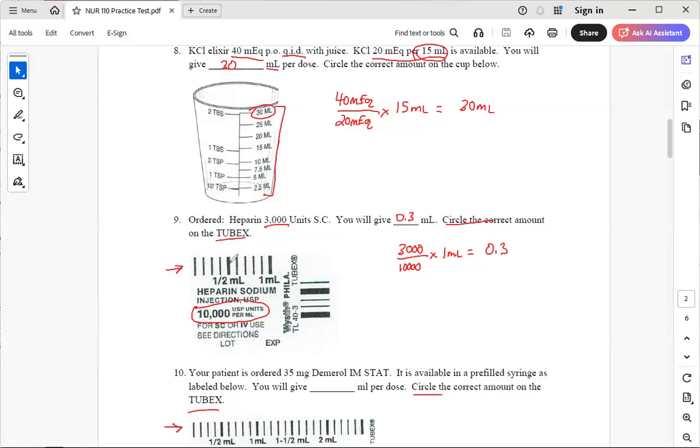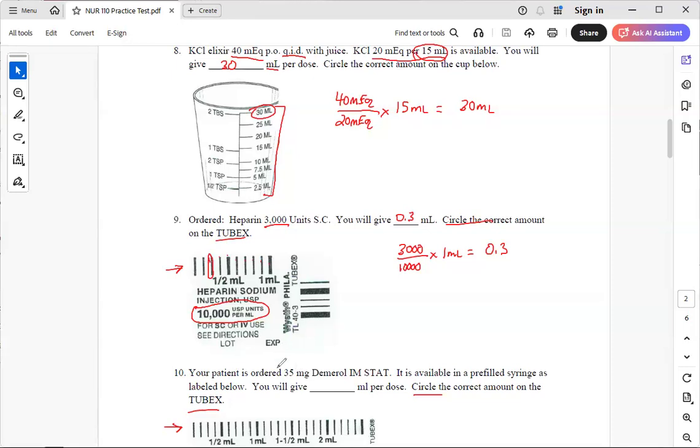So this is 0.5 ml at the half. This is 0.6, 0.7, 0.8, 0.9, and then this is 1. So that helps me out. If you're ever wondering, is this 0 or 1? Just start at the 5 and work your way backwards. So if this is 0.5, this is 0.4, then this would be 0.3. So this is what you would circle.